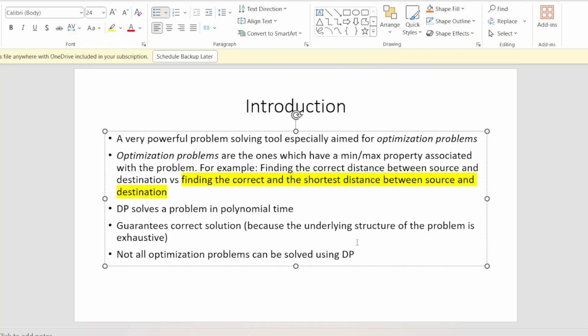So there is a minimum property involved with this question. Therefore, the second question is an optimization problem.